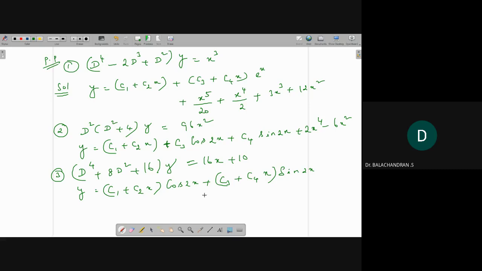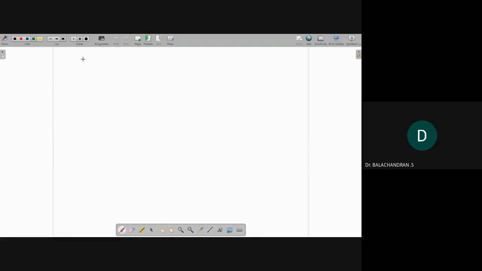And the PI is 1/16 (16x + 2). Okay. So try these 3 problems, and then I will give 2 more problems in type 2.